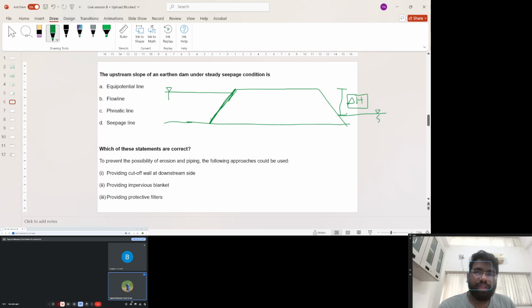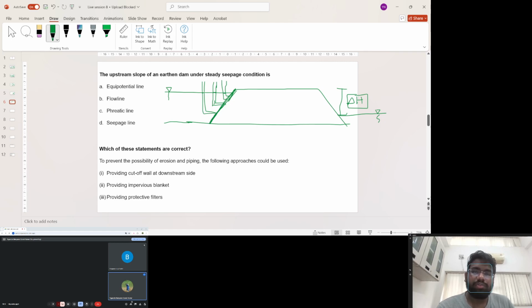Now how do we determine whether it is an equipotential line? We place a piezometer at this point. This water is exposed to the atmosphere, so it is under atmospheric pressure. When you keep the piezometer here, the water will rise up to this point, and when you keep a piezometer here, the water will rise up to this point.